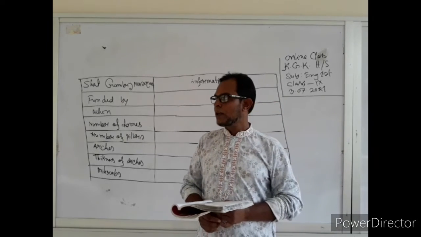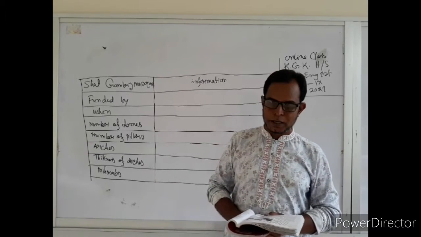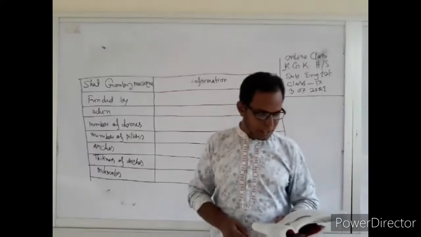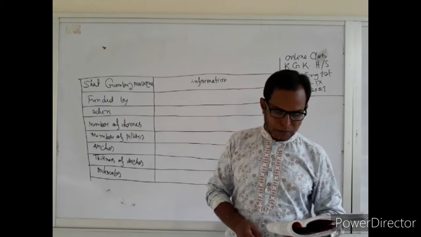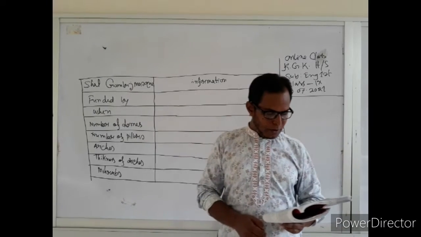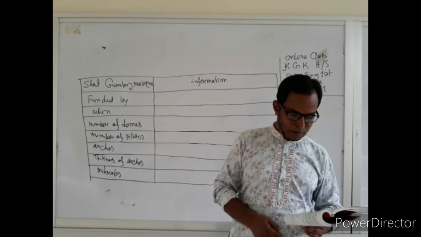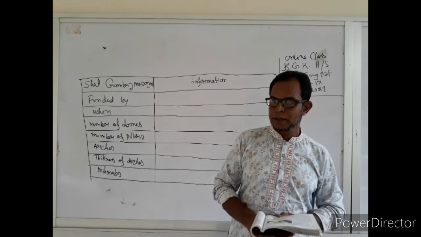UNESCO is an organization of the UN, which means United Nations. Originally, the historic mosque city was known as Khalifatabad. It is situated in the outskirts of Bagerhat town, not very far from the dense mangrove of the Sundarbans.